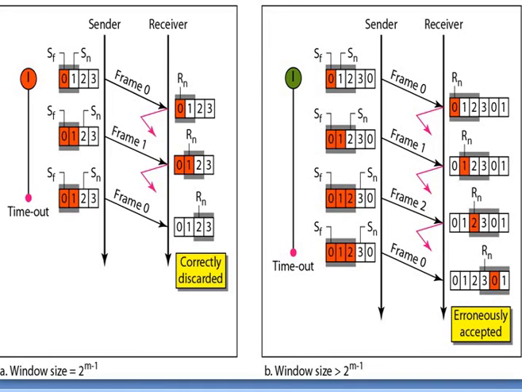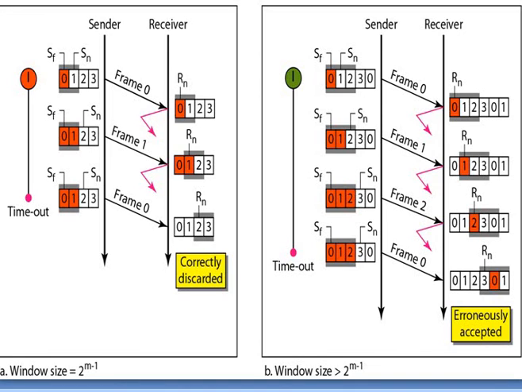When the size of the window is 3 and all acknowledgements are lost, the sender sends a duplicate of frame 0. This time the window of the receiver expects to receive frame 0, that is, 0 is a part of the window. So it accepts frame 0 not as a duplicate frame but as the first frame in the next cycle.